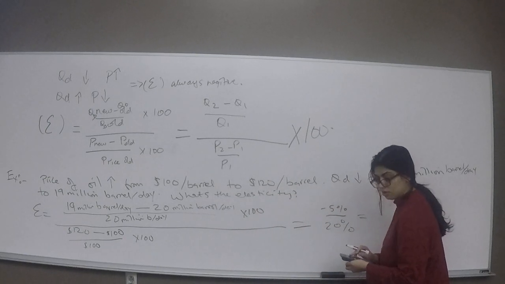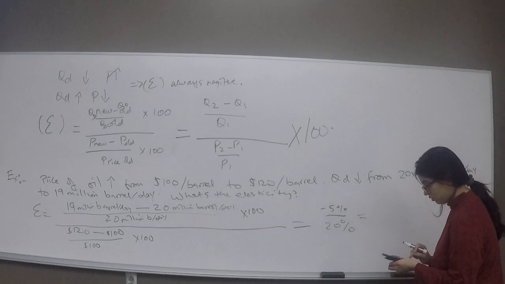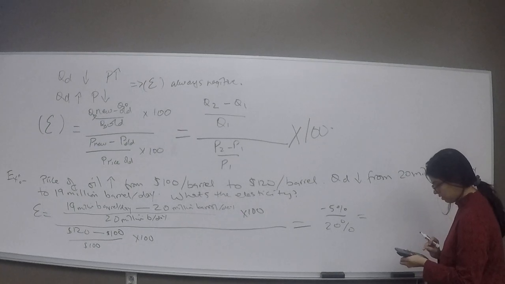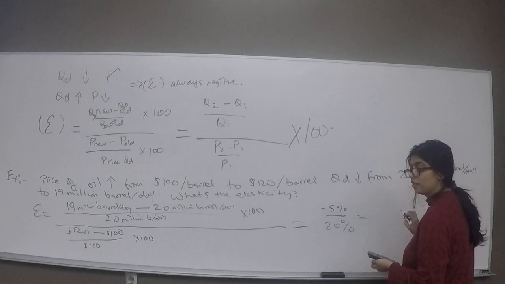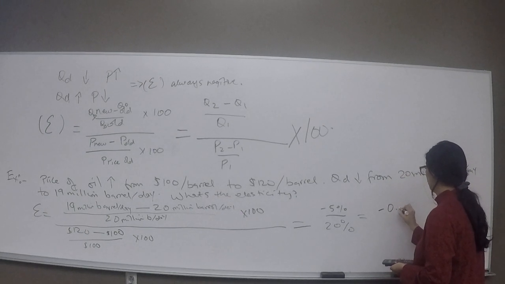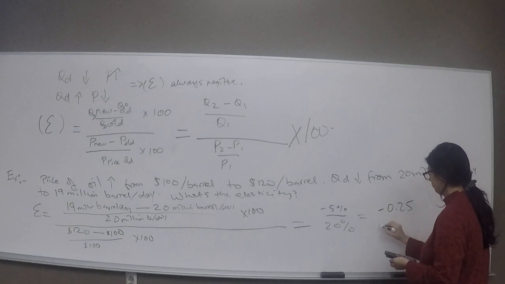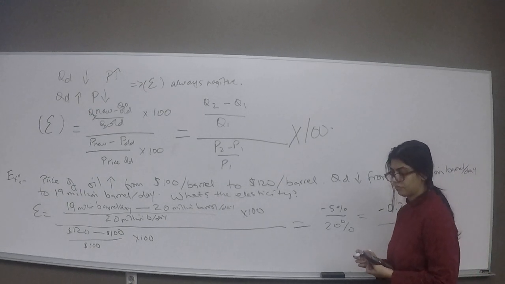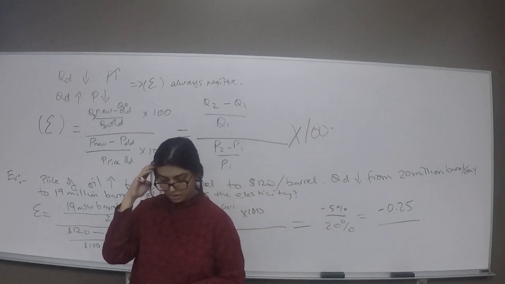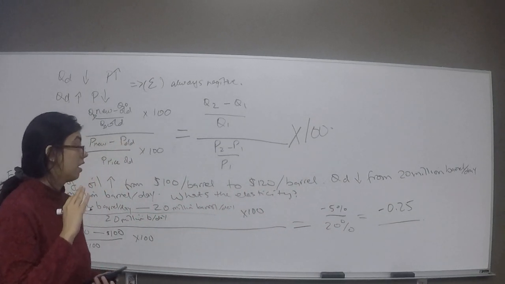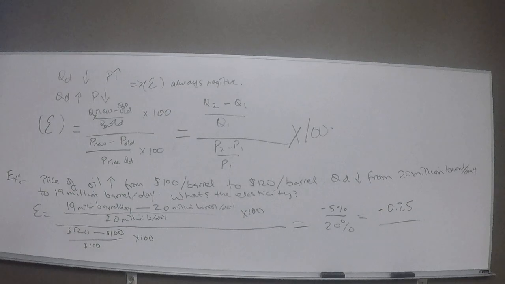That is equal to 5 divided by 20, which is negative 0.25. So that's the elasticity. That's what we calculate, elasticity.